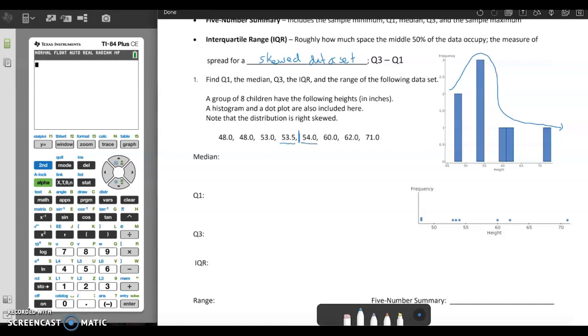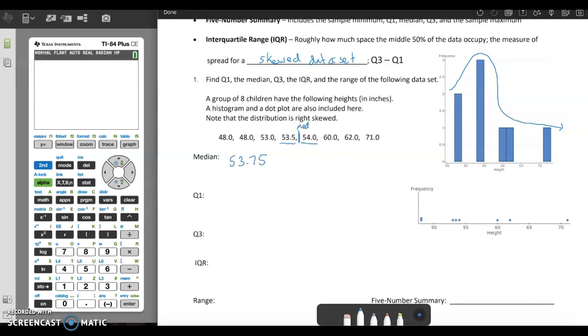And if I look at that 53.5 and 54, what's directly in the center there, I could average those out with a formula if I want, or I could probably on this one just think, oh, 53.75 is right in the center there. So that is the median. Now Q1 cuts that lower, so here's my median.